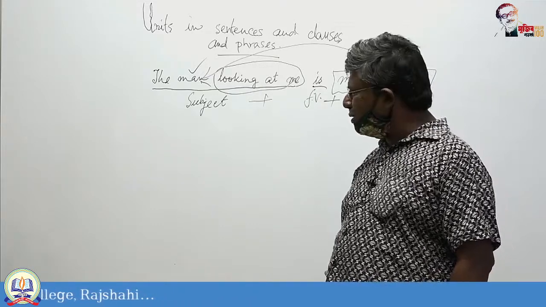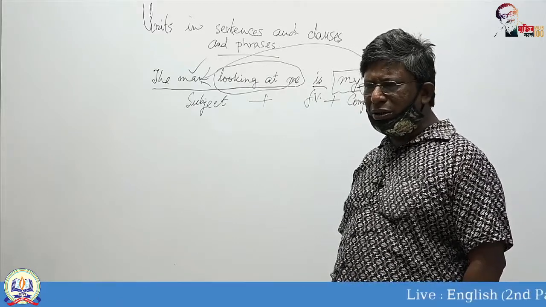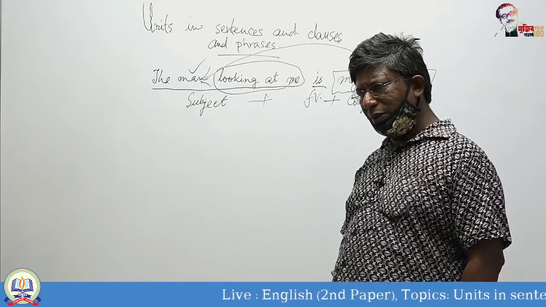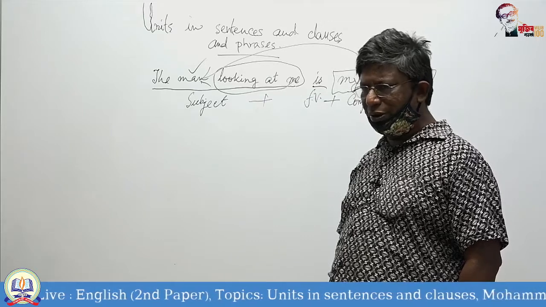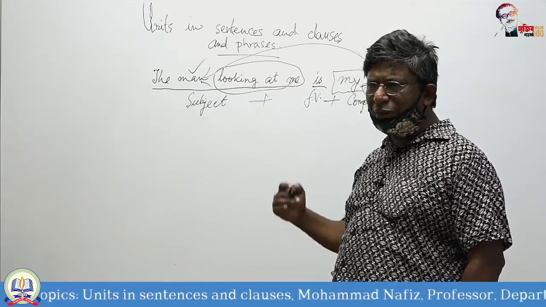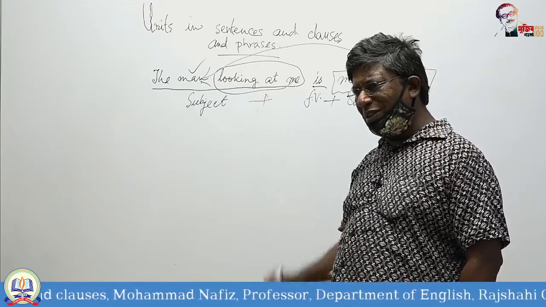What is object? An object is a noun or a noun phrase following the finite verb. I repeat, an object is a noun or a noun phrase following a finite verb which does not identify the subject.